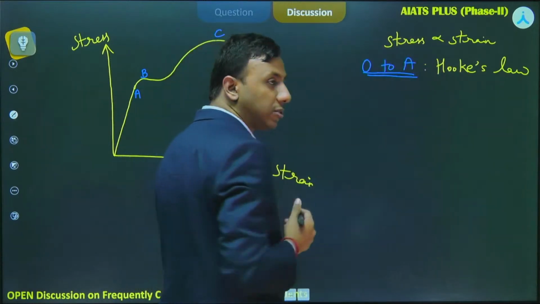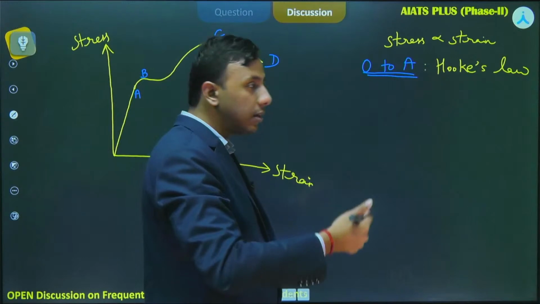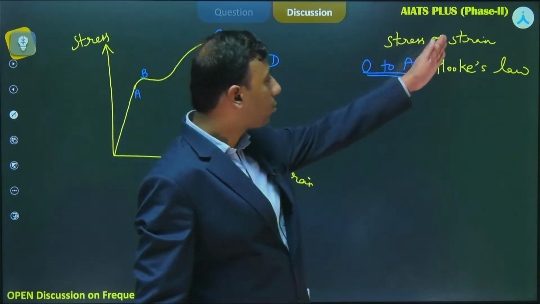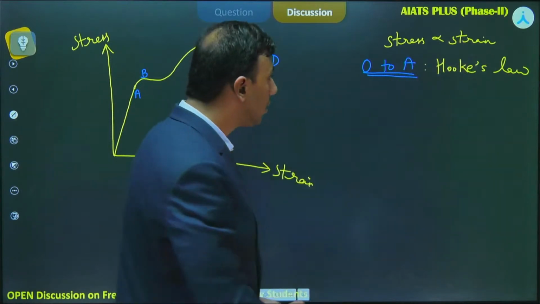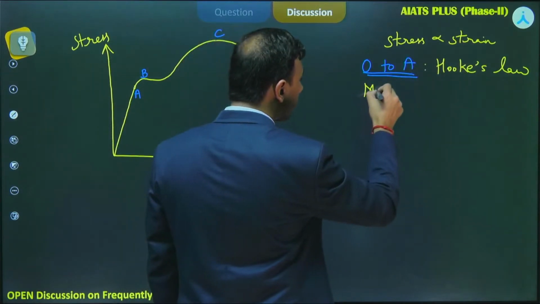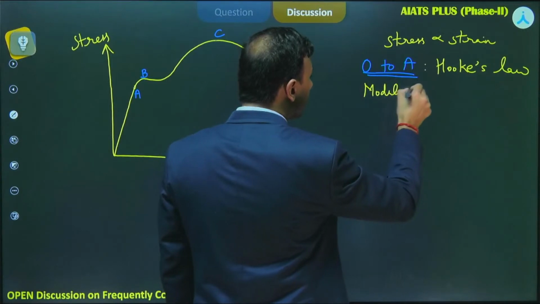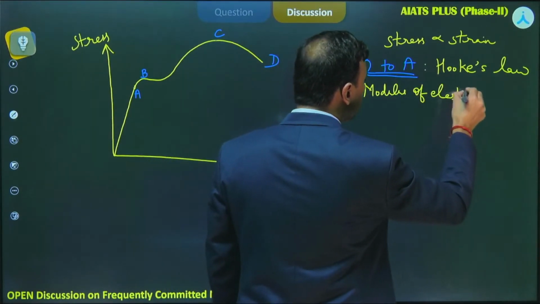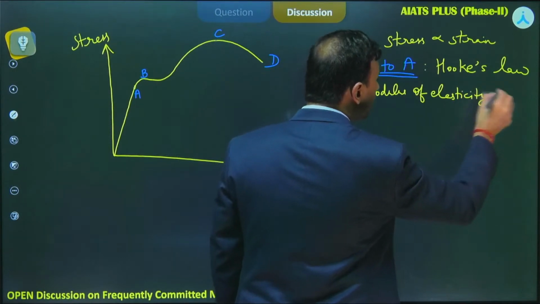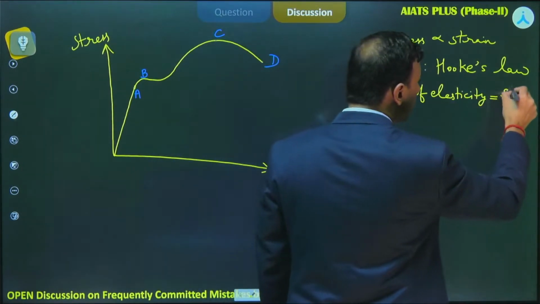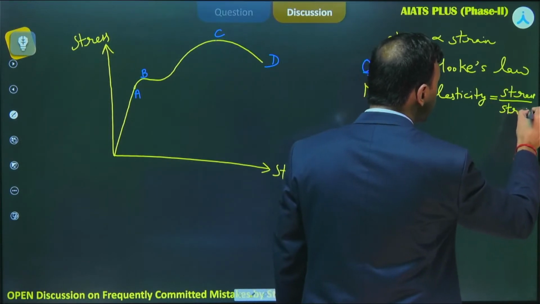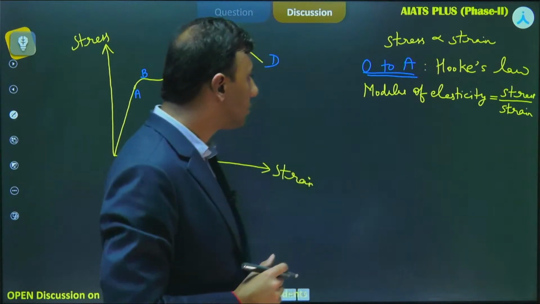If you remove the constant of proportionality, you will get a constant that is called your modulus of elasticity. So stress is equal to that modulus into strain. I can write over here, modulus of elasticity equal to stress upon strain.